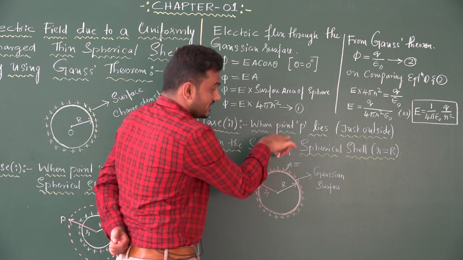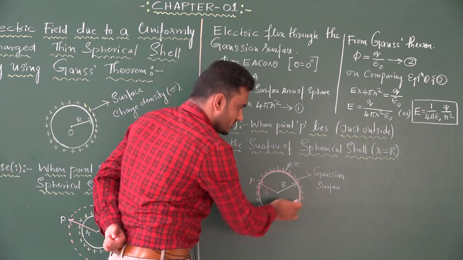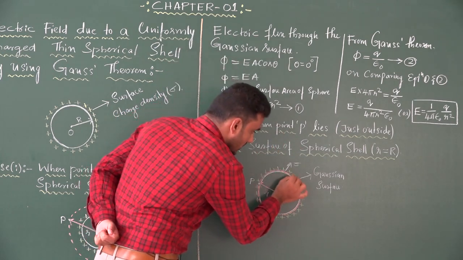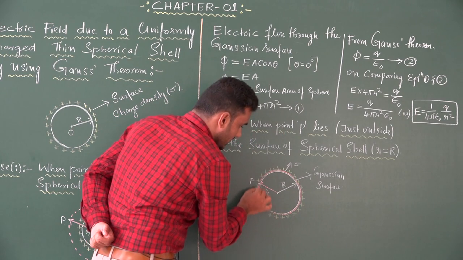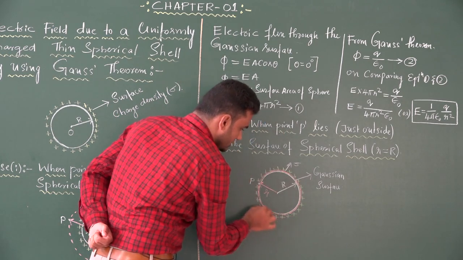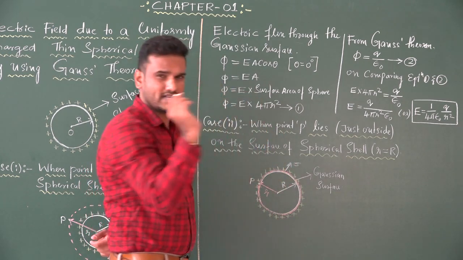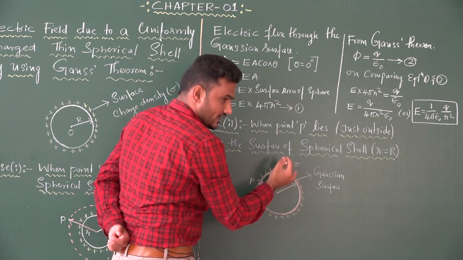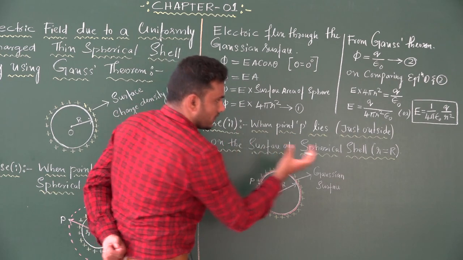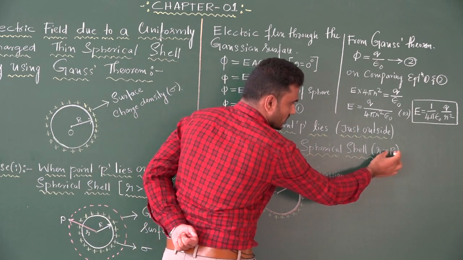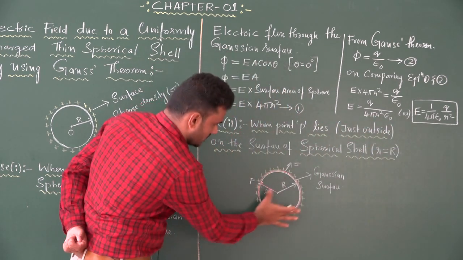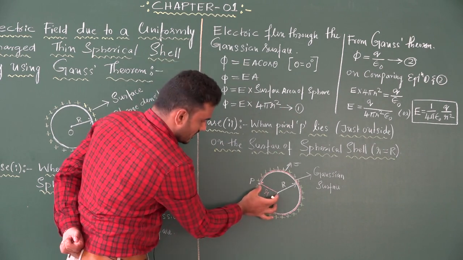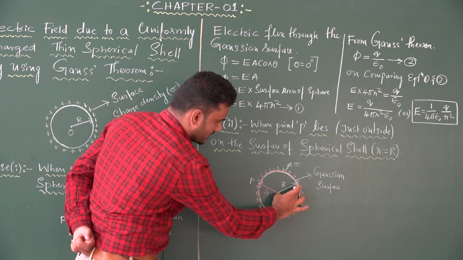Since we are finding the electric field on the surface of the spherical conductor, I consider one Gaussian surface just outside, which means it's not exactly on the surface of the spherical conductor, just outside. So approximately small letter r is equal to capital letter R. Look at the diagram.